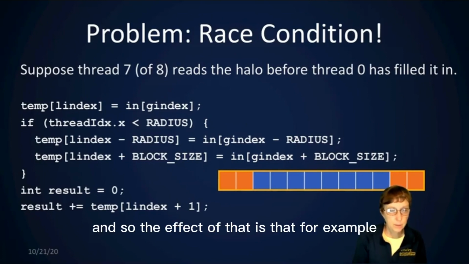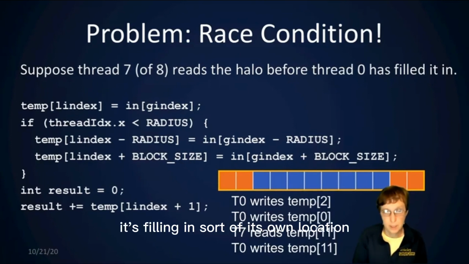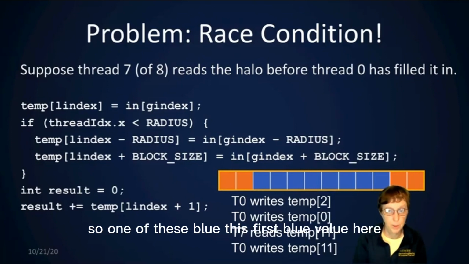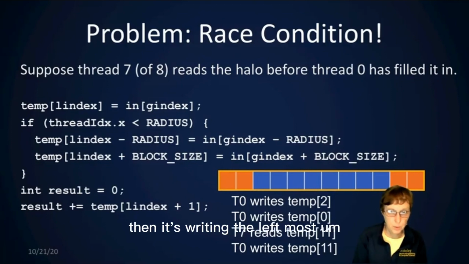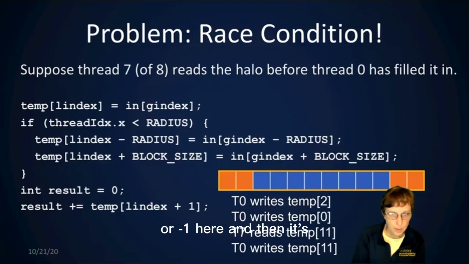And so the effect of that is that you can have thread 0 filling in its own location, which all of the threads are doing, so this first blue value here, and then it's writing the leftmost element here, and then it's writing the rightmost element or -1 here.